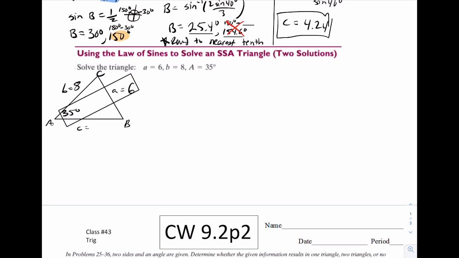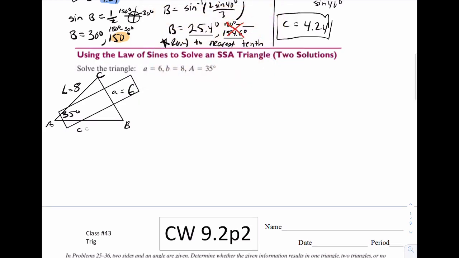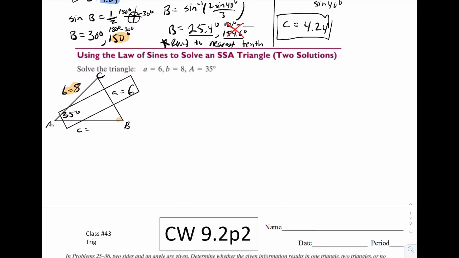That's great. And then it gave us B equals 8 right here, which means we're going to find this angle first. So let's write this out. Sine 35 over 6 should equal sine B over 8.